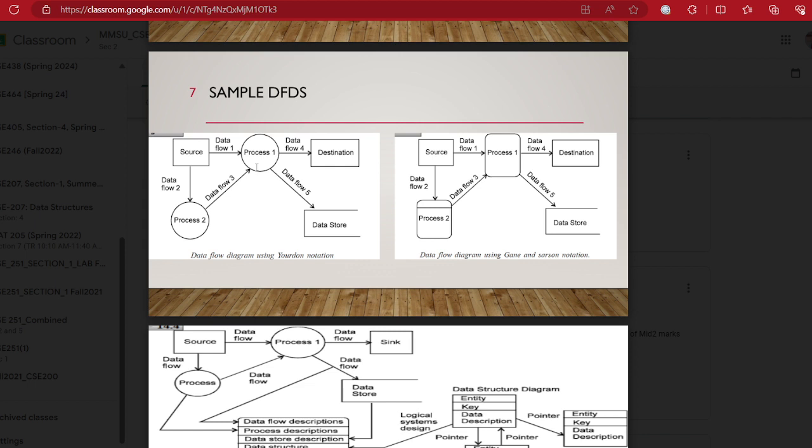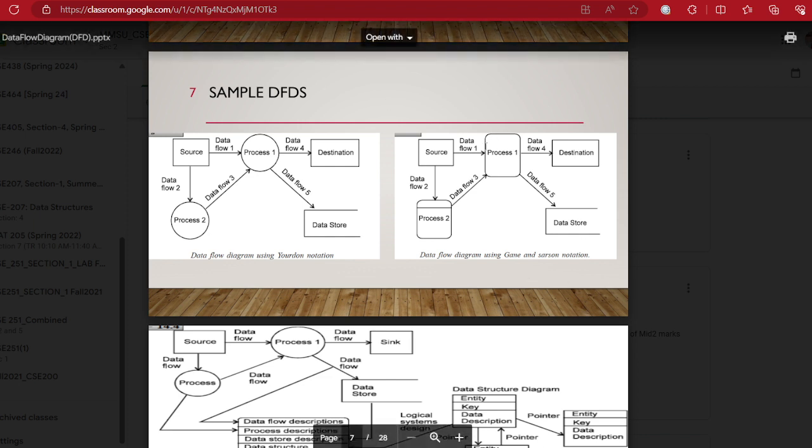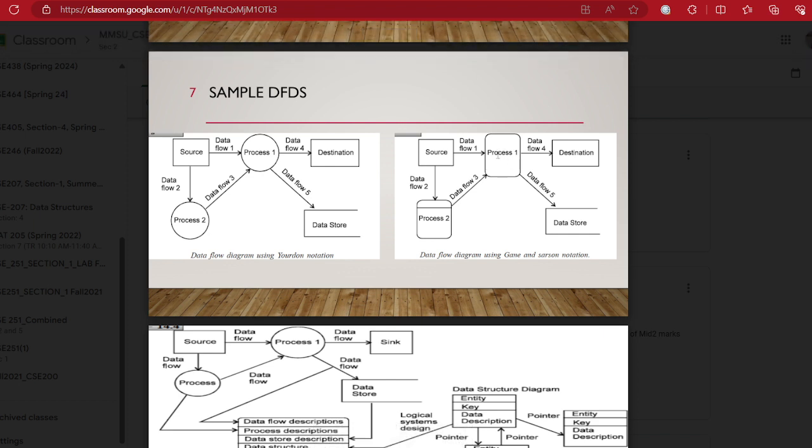Okay, so for example, think about you built a student management system, suppose. What can you represent? That there is a database, obviously, that's storing all the data. So you indicate a simple data store, and the process is supposed to be the data provenance that's going to happen inside your database.